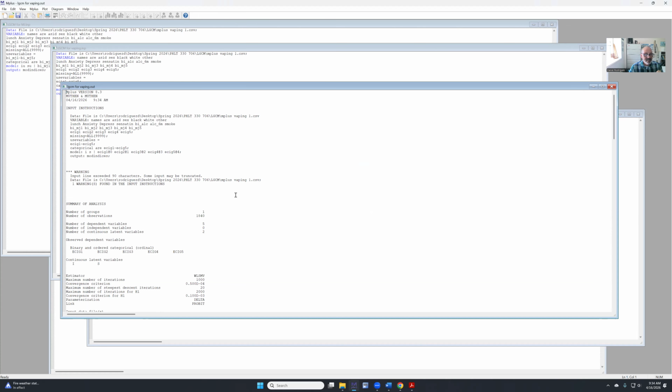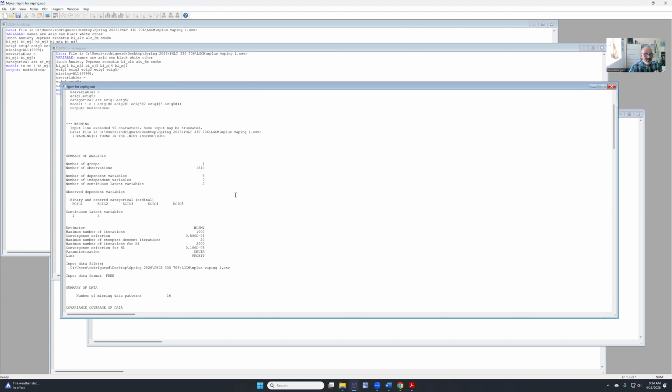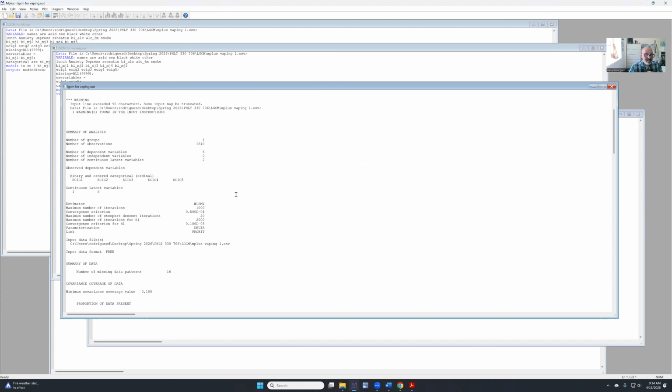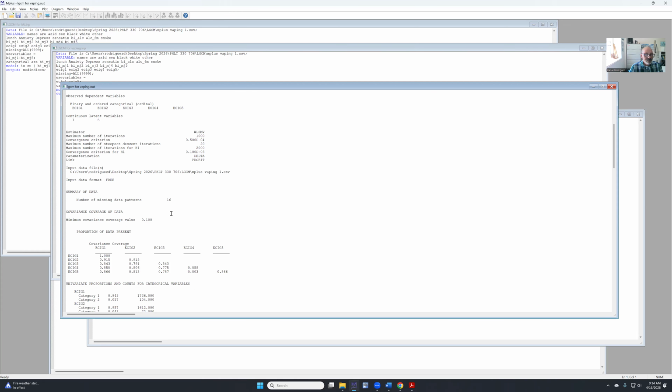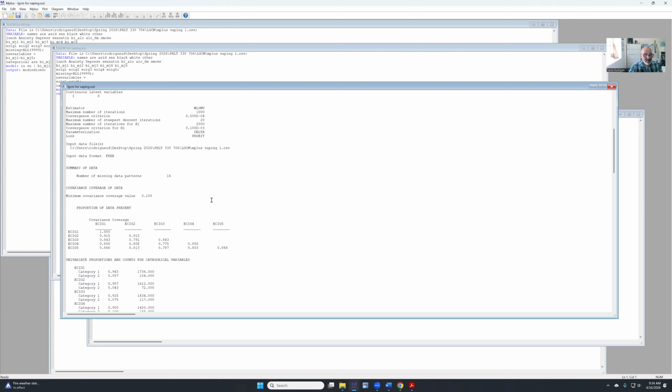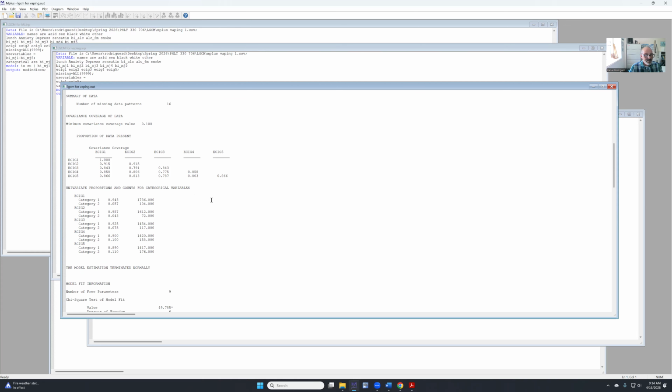So it likes it to be 90 characters or less. This shows you the type of estimation, the method that's being used. Also, parameterization, delta method parameterization.